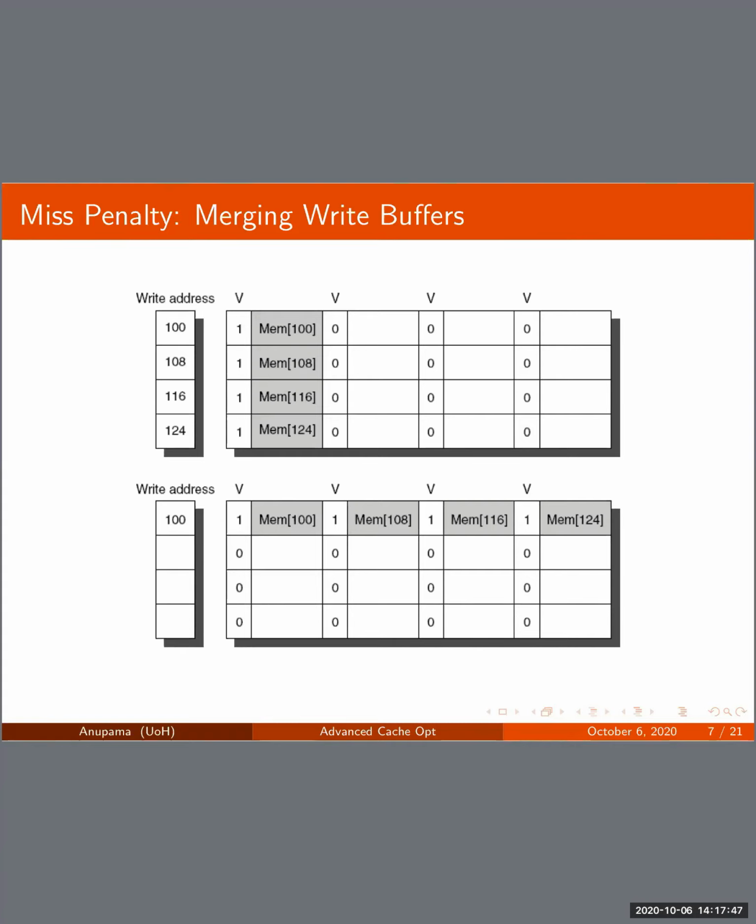The write back from the write buffer is done when the write buffer is full most of the time. So you can reduce the number of write backs by merging the entries in the write buffer if they are of contiguous address space. That is what this optimization does to reduce miss penalty. Any questions on that?